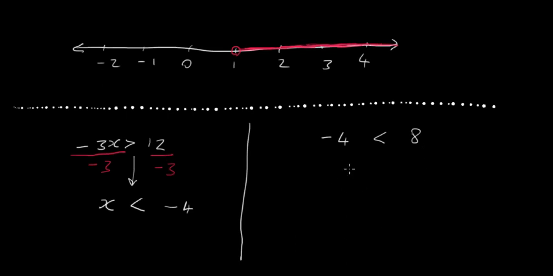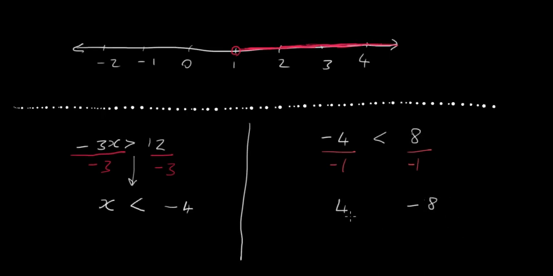Now let's divide both sides by a negative number, minus 1. What do we end up with? On the left hand side, minus divided by minus is plus, 4 divided by 1 is 4. On the right hand side, plus divided by minus is minus, 8 divided by 1 is 8, so minus 8.